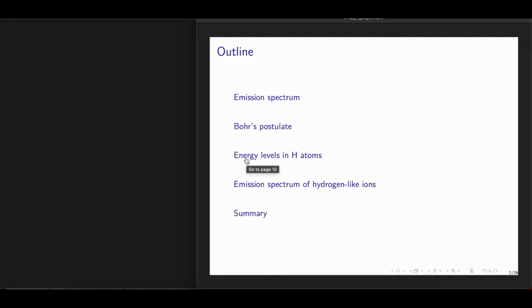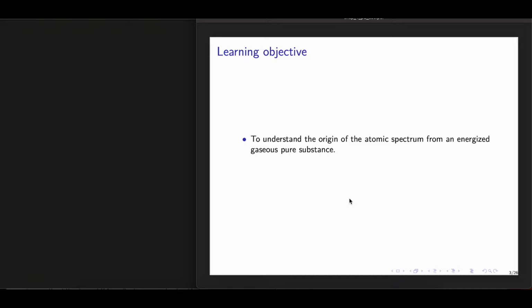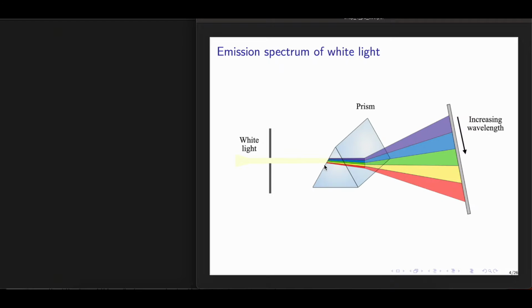We'll talk also about the energy levels in hydrogen atoms, and we finish by talking about the emission spectrum of hydrogen-like ions. As a learning objective, at the end of this lesson, we'll be able to understand the origin of the atomic spectrum from an energized gaseous pure substance.